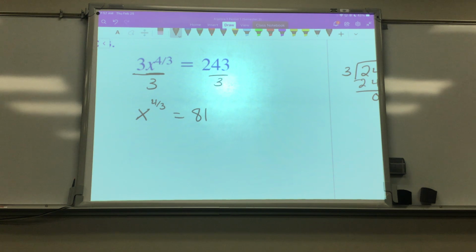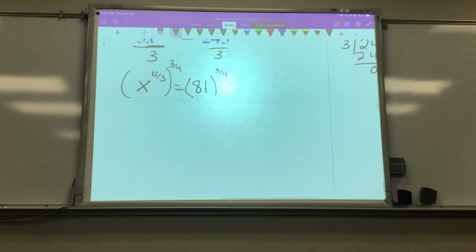Multiply by the reciprocal, right? And if I need to multiply the exponents, I'm going to have to take it to a power, right? It's a power to a power, so we multiply our exponents, right? So I'm going to take both sides to what power? 3/4. Which will give me just x on this side.